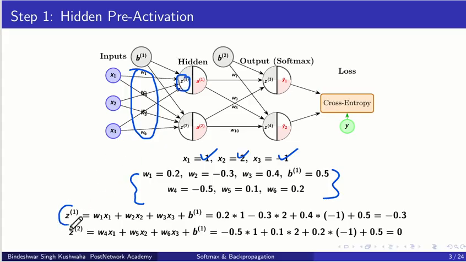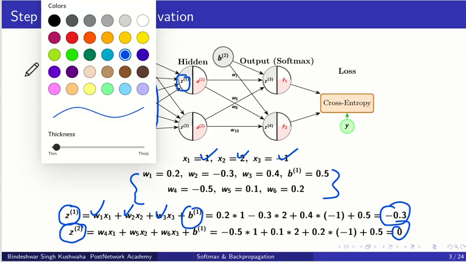For Z1 you will see x1, W1, W2 and W3 weights are here, and one bias. So we will multiply inputs by weights and add a bias, and the value is minus 0.3. The same way we will calculate Z2 and that is 0.